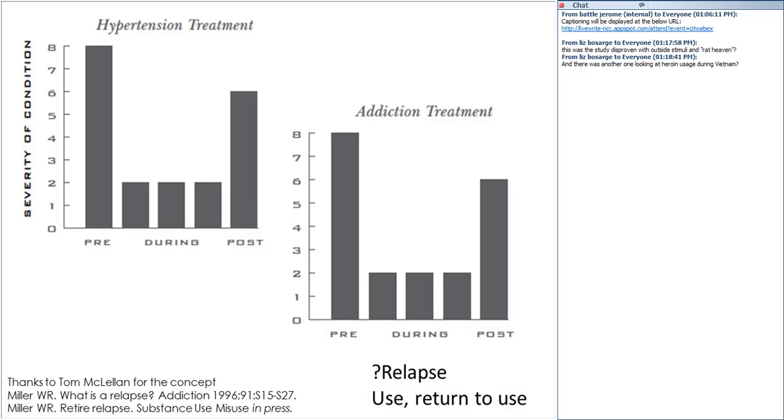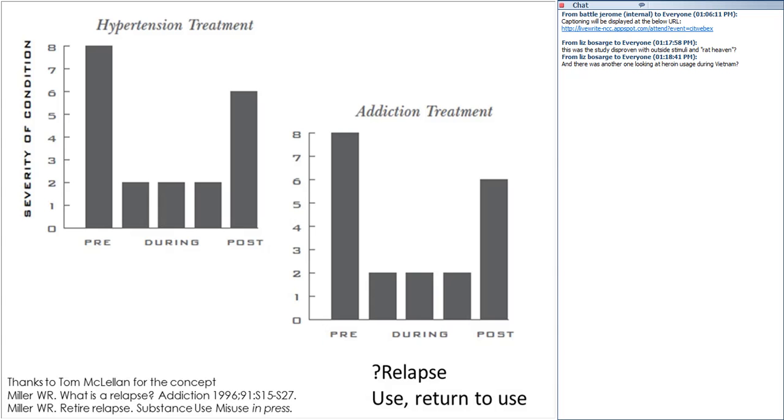This is just an example from Tom McClellan's thinking. Tom McClellan, who was at the Office of National Drug Control Policy in the White House some years ago, and a well-known addiction scientist, pointed out that usually when we look at treatment for a medical condition like hypertension, and we see that during treatment the severity of the condition, or blood pressure, goes down and improves, and we stop treatment, we conclude that the treatment worked, not that the person relapsed, that their blood pressure wasn't under control.